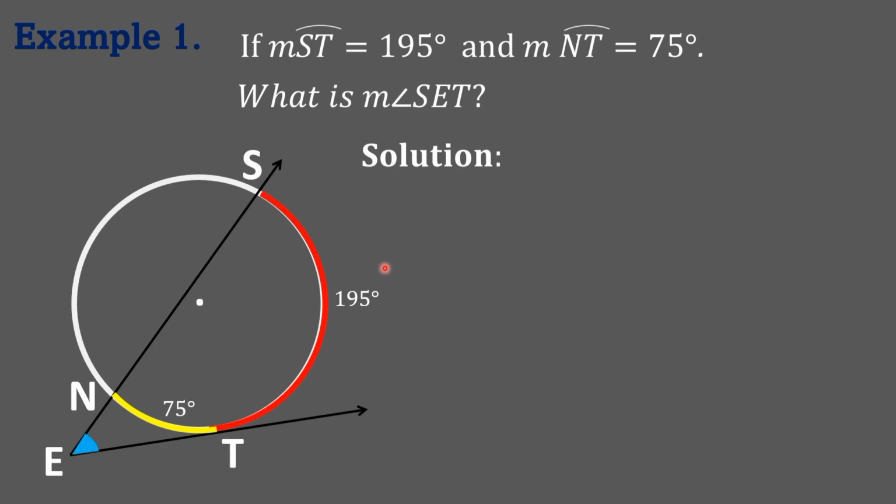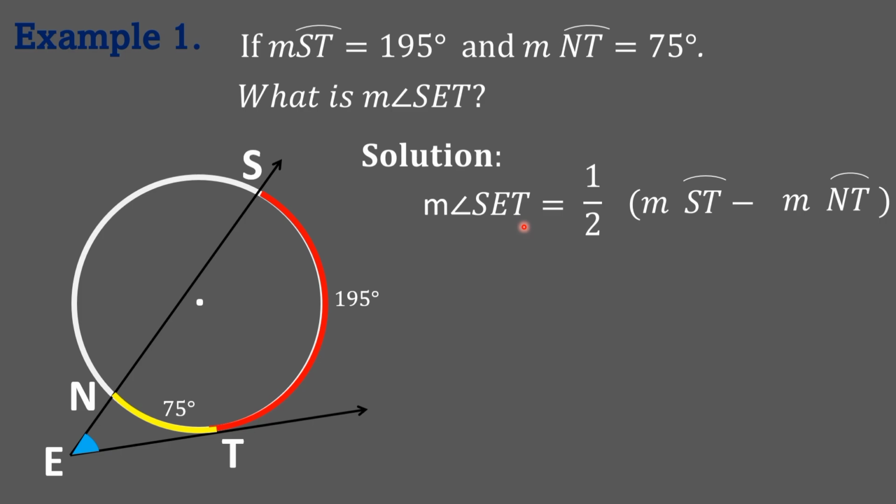This example illustrates case 1. To find the measure of angle SET, it is equal to 1/2 the measure of arc ST minus the measure of arc NT. Substitute the given values.